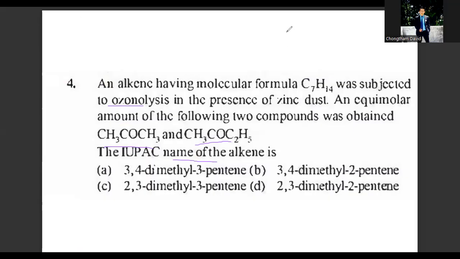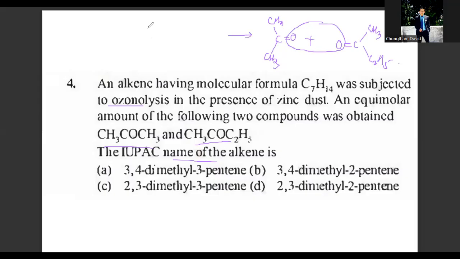So we have to start with the carbonyl in order to predict the alkene. So as the question says, you have two different types of ketone. Here you have propanone and butanone. So there must be some bridging between these two carbonyl carbons.